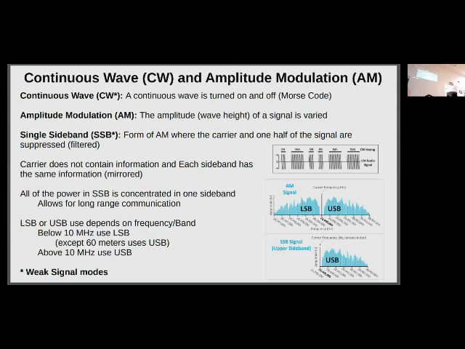Now, looking at this, does this kind of look the same as that? But just a mirror image? Yeah. So both halves of this, upper sideband and lower sideband, actually have the same information, same data in there. And you don't really need that, do you?